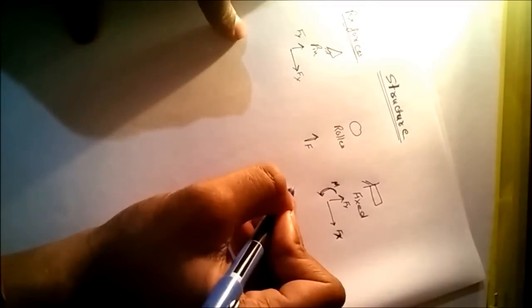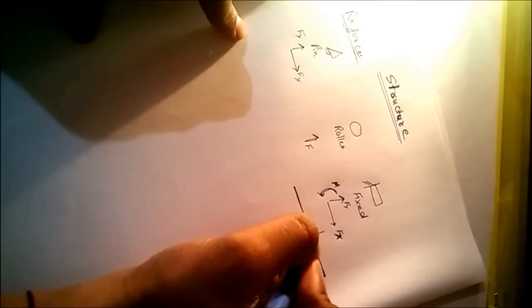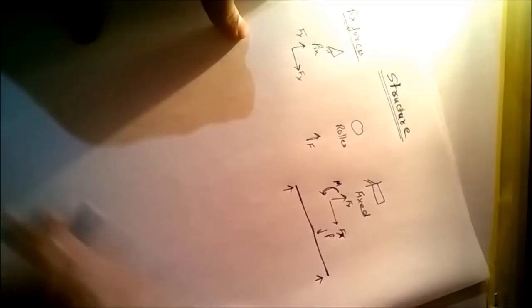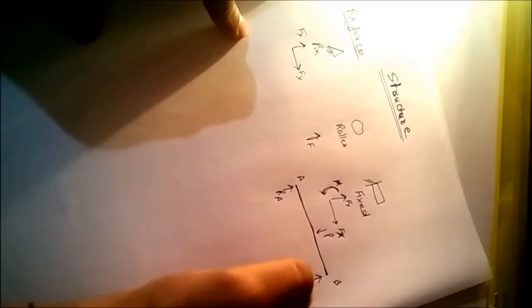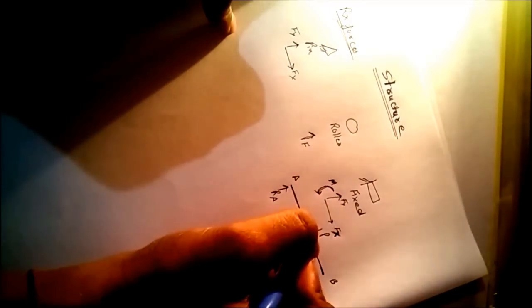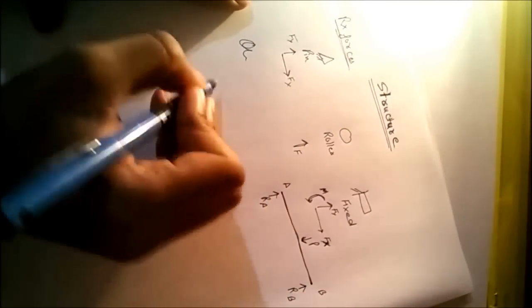Now a question simply comes: a simply supported beam is given, with support, and P is the load, and the 2 simply supported reactions are A and B. Now firstly we will make the free body diagram.